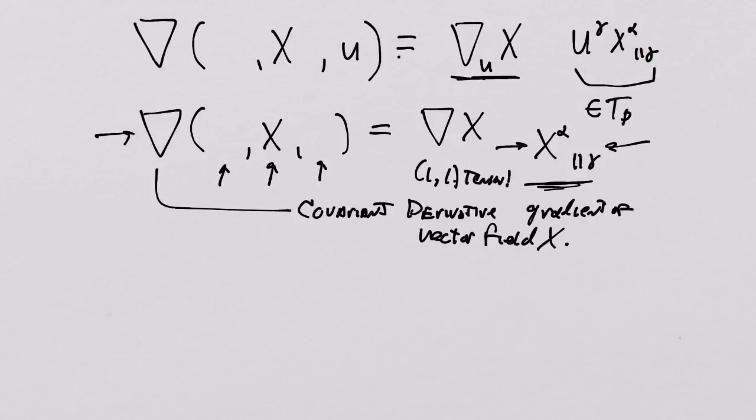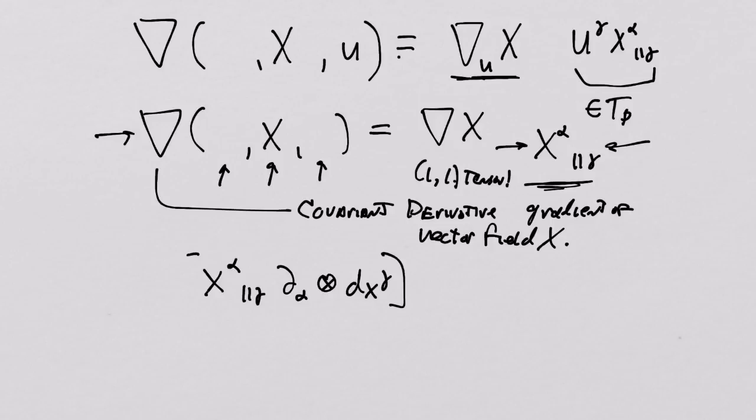And so by contracting it with u, which is the same thing as feeding this 1-1 tensor the vector u, ultimately that results in a contraction. If you go through the exact mapping like we've done many times before, you end up with this contraction. Maybe as a review we should do that. We have x^α_γ ∂_α tensor product dx^γ.